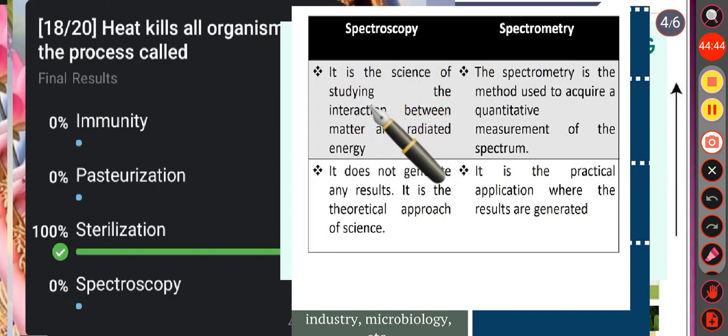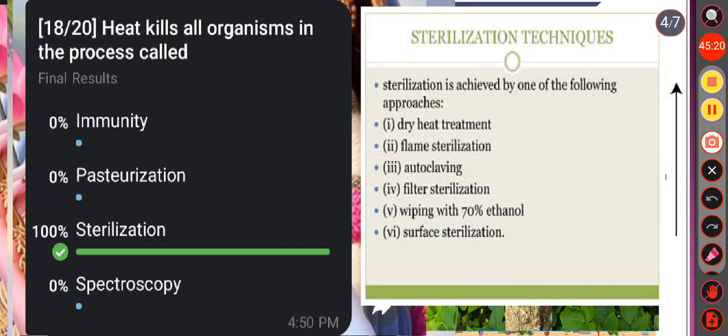Spectroscopy is the science of studying the interaction between matter and radiated energy, but spectrometry is the method used to acquire a quantitative measurement of the spectrum. Spectroscopy does not generate any result, but spectrometry is the practical application where the results are generated, right? Okay, so sterilization is a process by which all living microorganisms are removed.